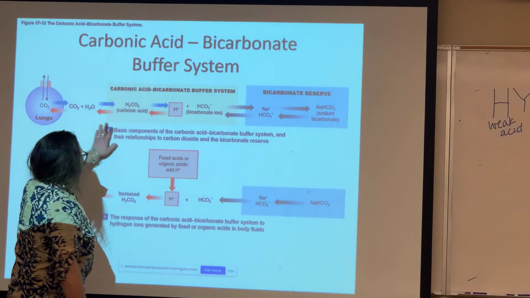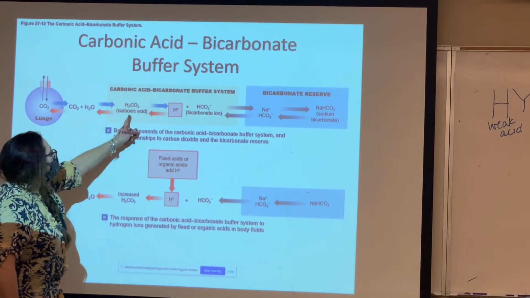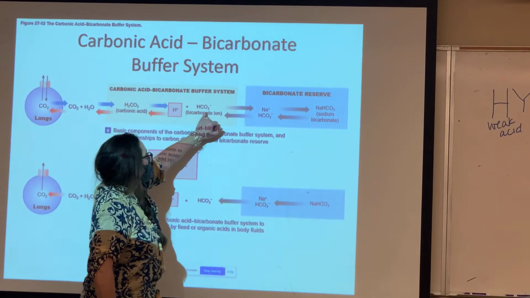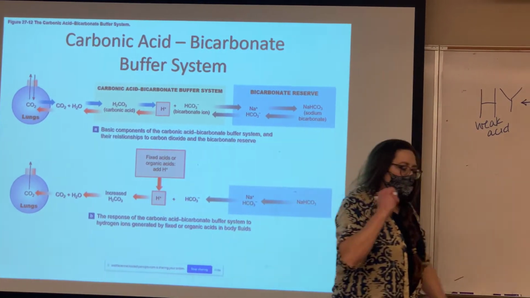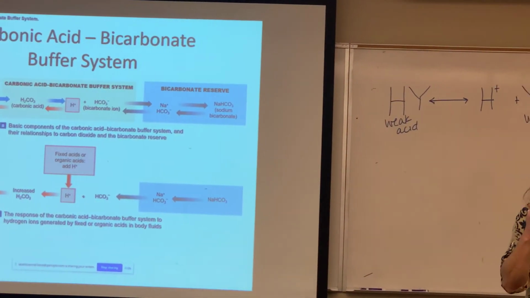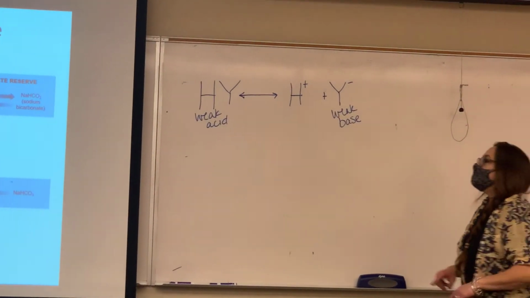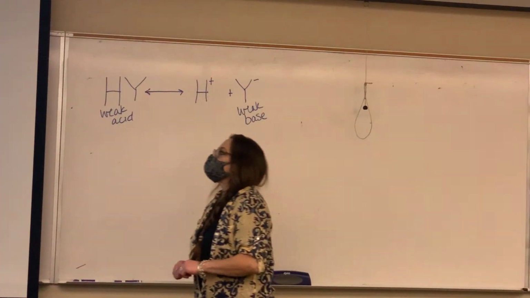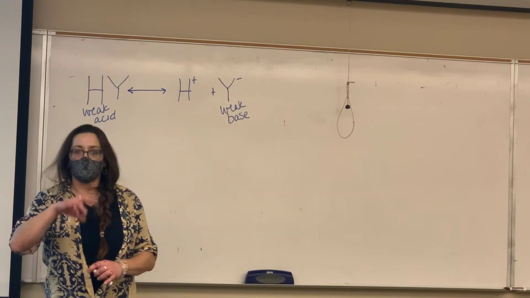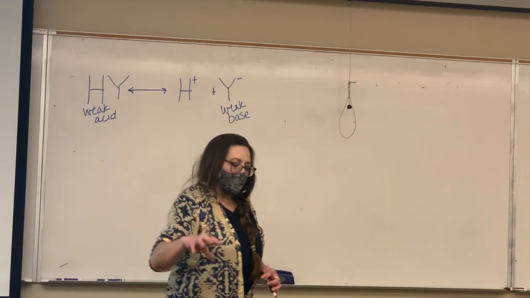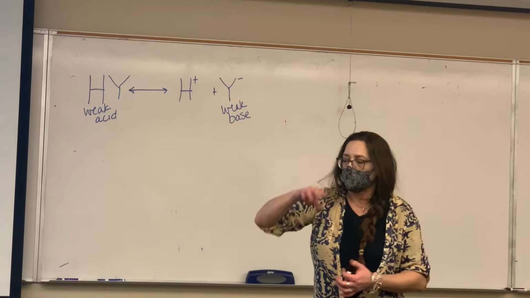Now, this buffering system uses that same equation that we've seen multiple times now. We've seen this equation: CO2 and water forms carbonic acid, which breaks down into hydrogen and bicarb. We've seen that equation to talk about how CO2 and pH are related to one another. We've used this equation to see how most of the CO2 travels in the bloodstream at your systemic capillaries and throughout your bloodstream.